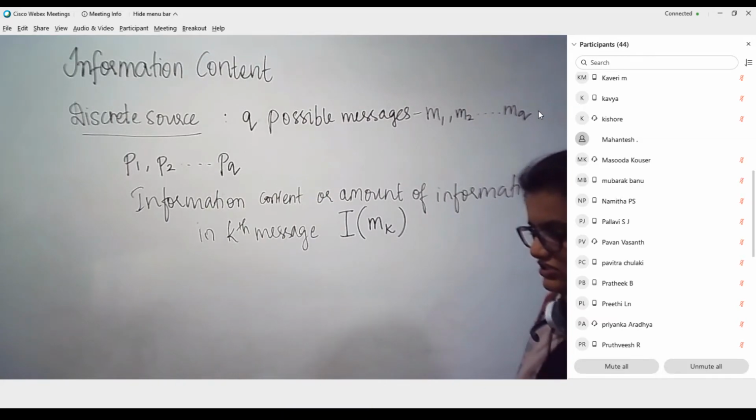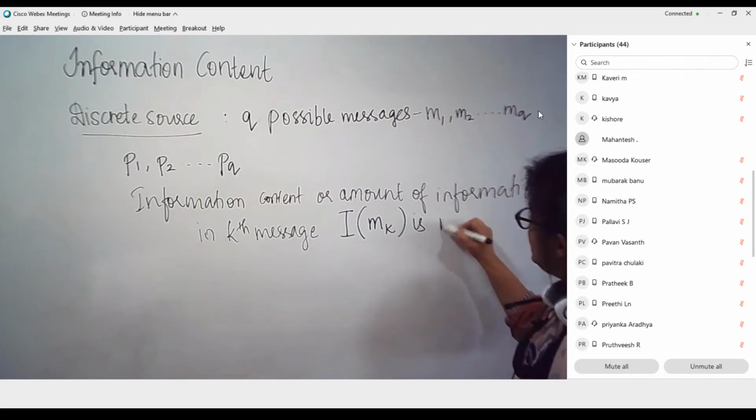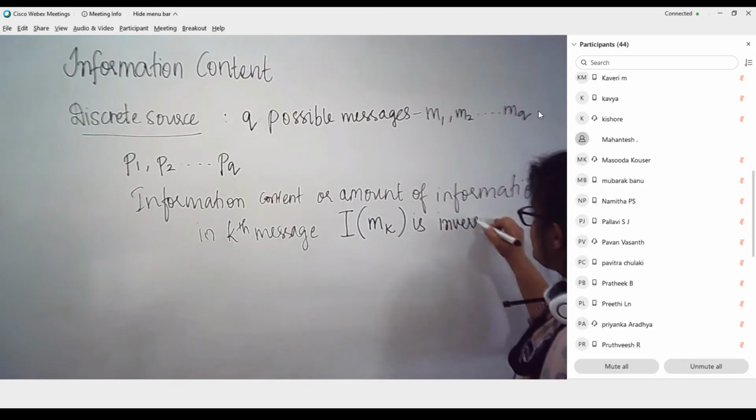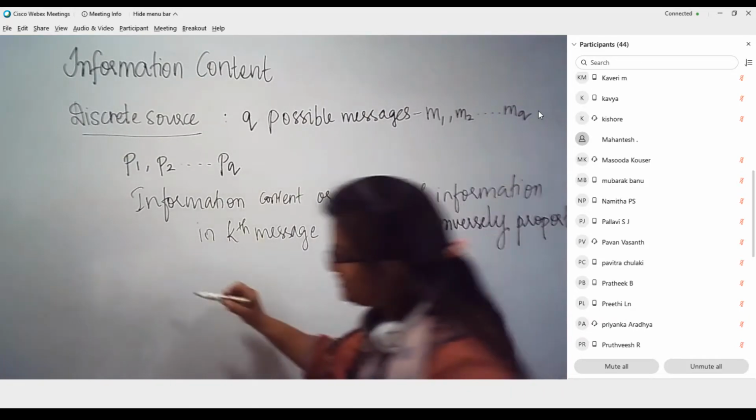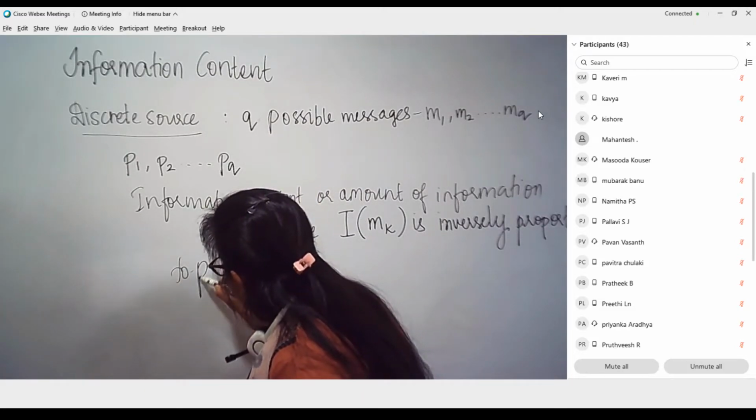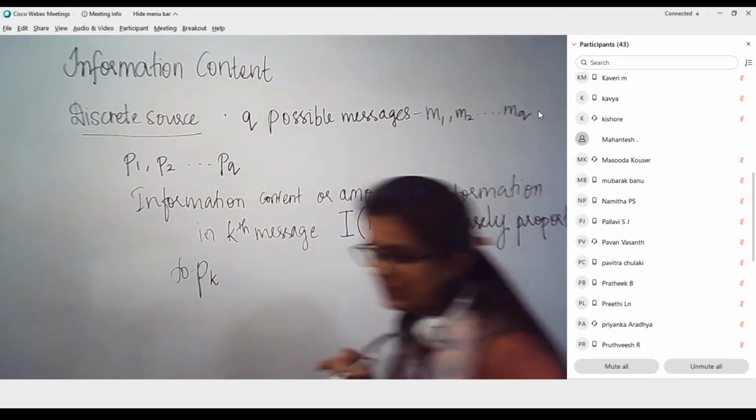The information of message m of k is inversely proportional to the probability p suffix k.